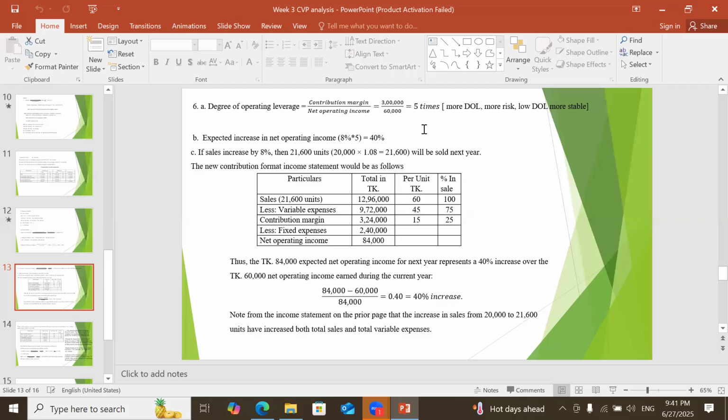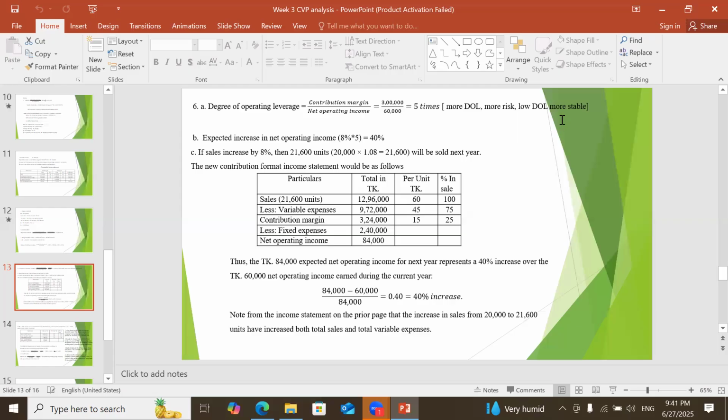This is the actual measurement of degree of operating leverage. So there are findings: the higher the DOL, the riskier, but there is potential return. And a low degree of operating leverage means more stable, low risk.